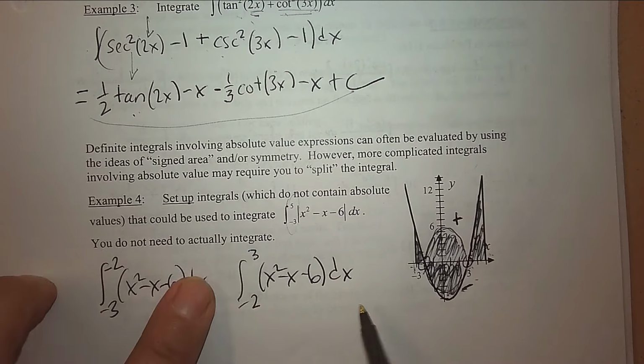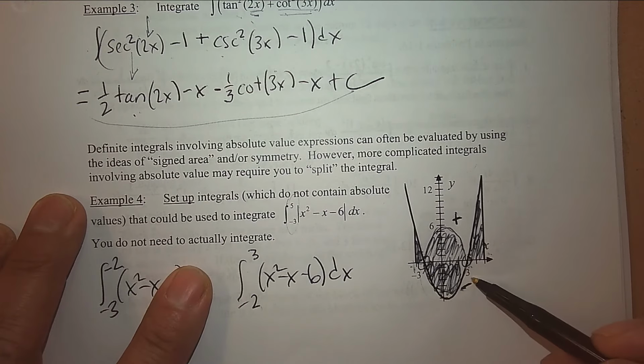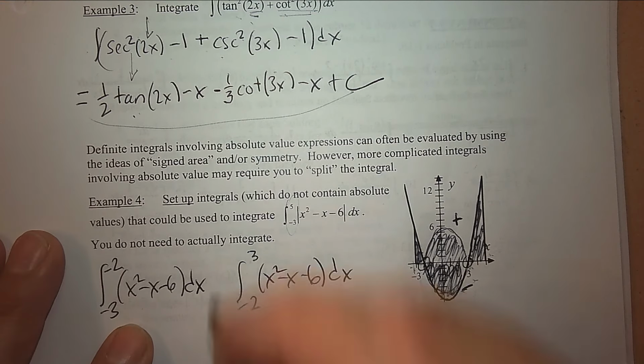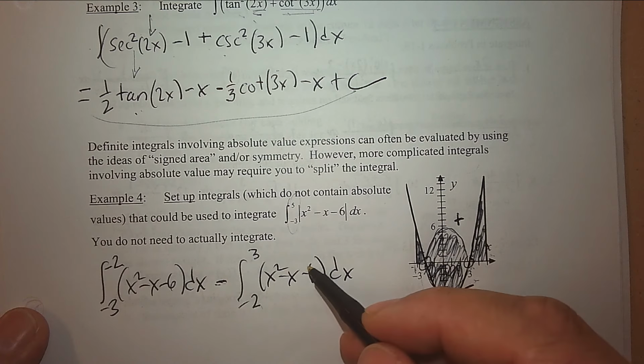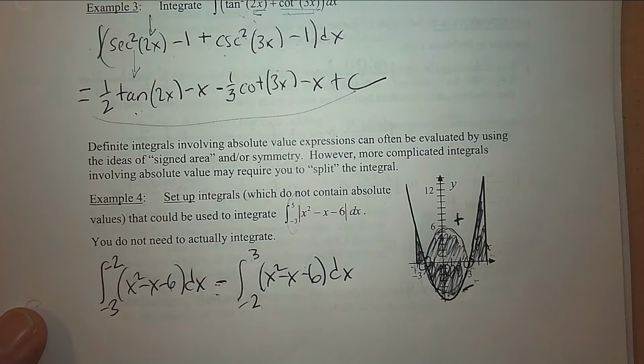Now, if I just integrated that from negative 2 to 3, would the answer be positive or negative? How can I change it to a positive answer? See what I did? Why did I subtract that integral? Because the negative and the negative then will make it a positive area.